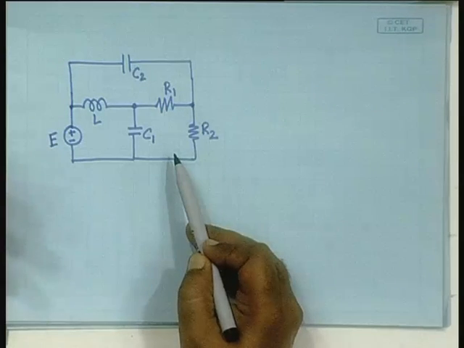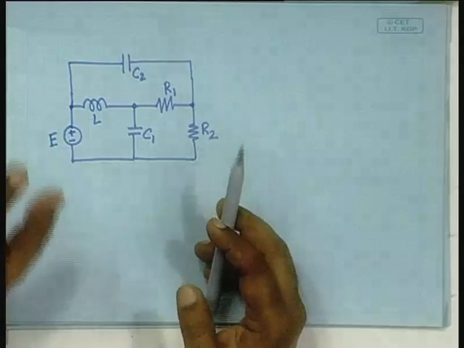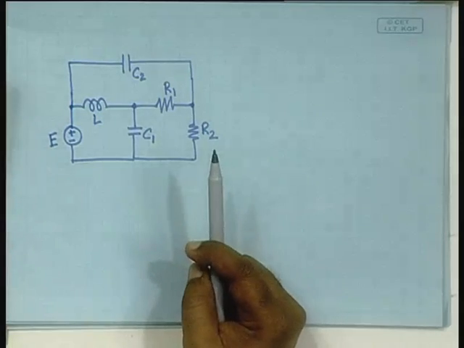So, I want to identify what are the independent directions of flow of charge, and from the first year circuit theory course you have learned that if there is a circuit like this, we have to first identify the windows or meshes, and the minimum number of variables necessary would be the number of meshes.